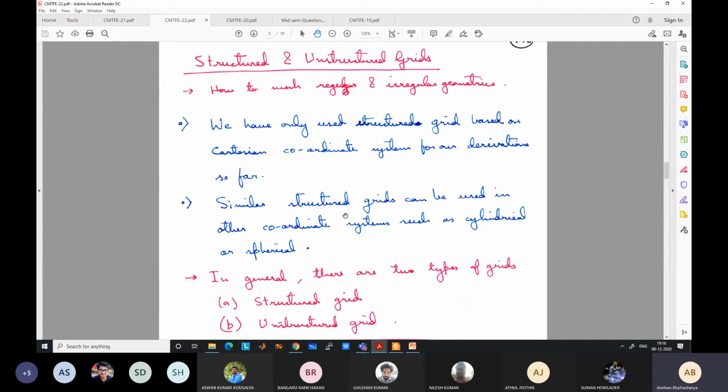But there are a lot of problems which can be solved using regular geometry by taking a suitable domain. For example, flow over a car, or flow over a cylinder, or an aerofoil. Here the overall domain can be taken very large so that the domain boundaries do not have any influence.